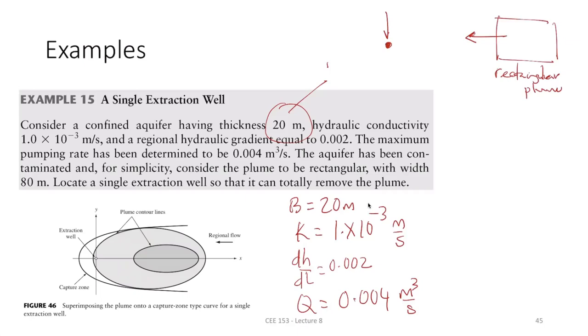So let's say this is the width of 80 meters. Locate a single extraction well so that it can be totally removed. So you are asking where this position should be so that you can capture the entire plume. So you're looking for what the distance should be.